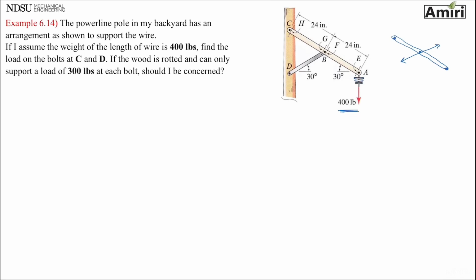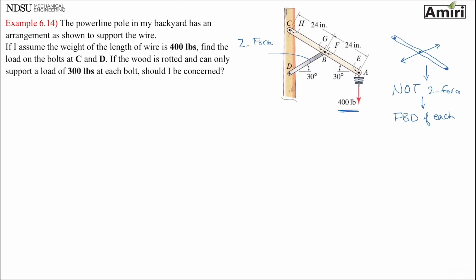Because of that, it is not a two-force member, and because of that, we need to draw a free body diagram of each member. As soon as you find one member that is not a two-force member, then it's not a truss anymore, and you have to take it apart.